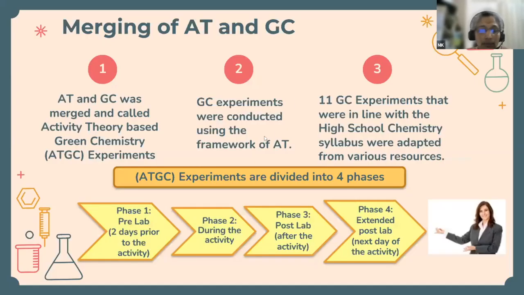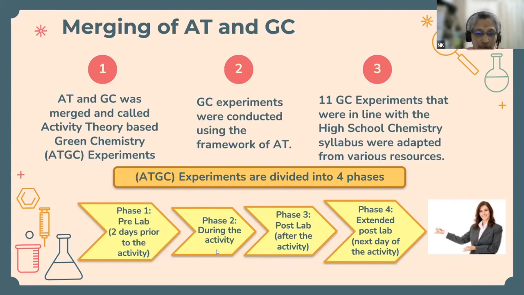Okay, so I'll show you one example. We have several examples, but in this talk, I will show just one example. ATGC is activity theory based green chemistry experiments. The experiments are divided into 4 phases. The first phase is a pre-lab phase, which is conducted 2 days prior to the real lab.